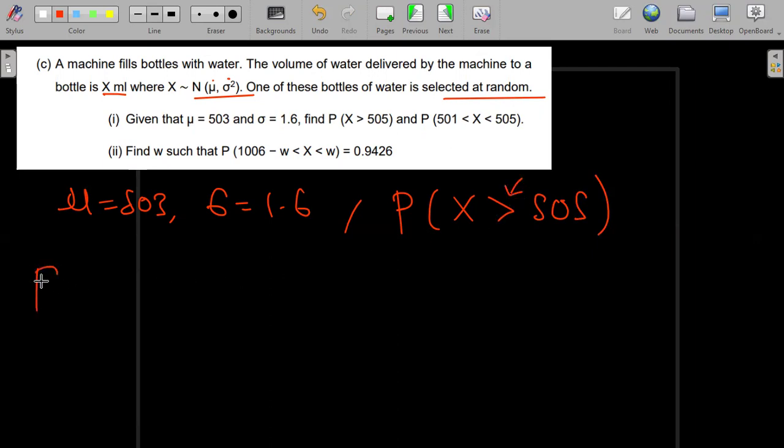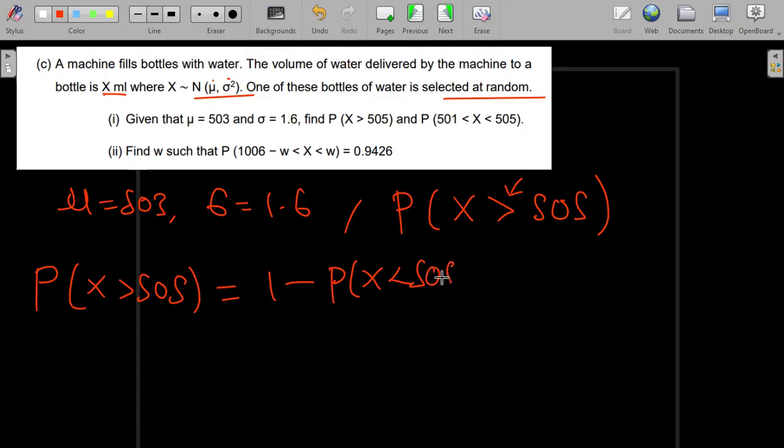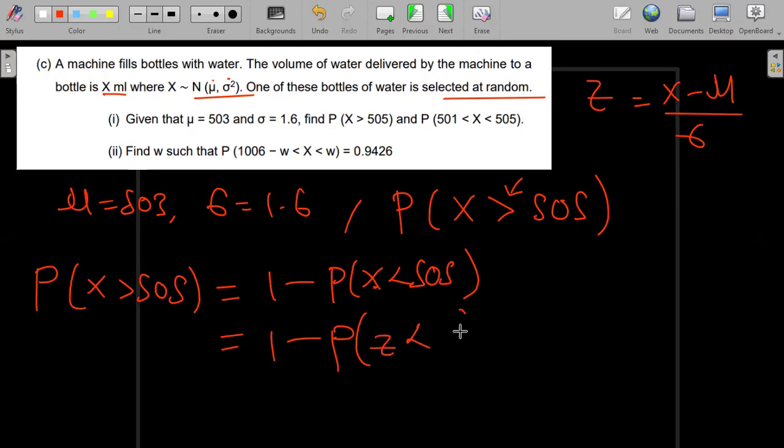So we see a greater than here. We have to change it. So this is x greater than 505. We have to change it to 1 minus probability that x is less than 505. And then now we standardize this probability. If I standardize x, remember z is just equal to x minus mu divided by standard deviation. If I standardize the x, I get z less than 505 minus, what is the mu? 503 divided by standard deviation 1.6.